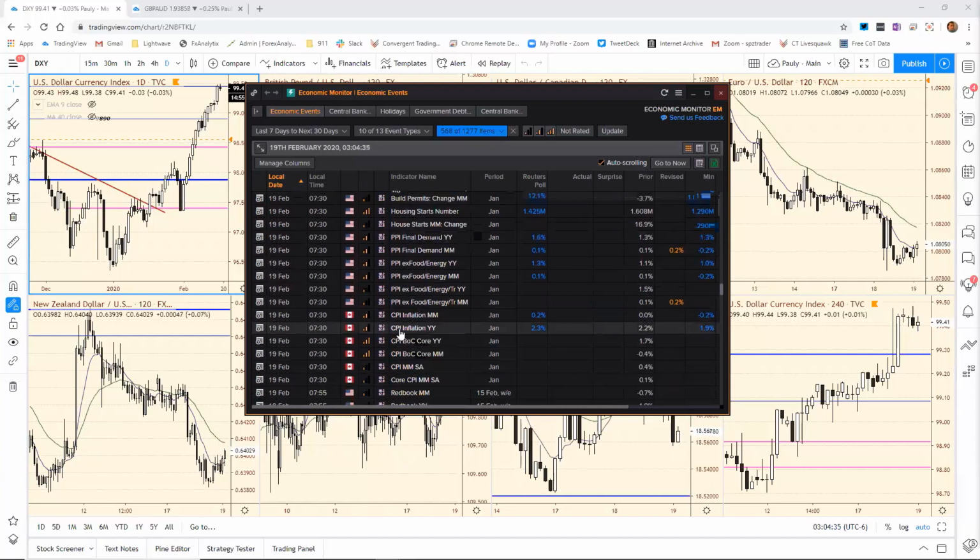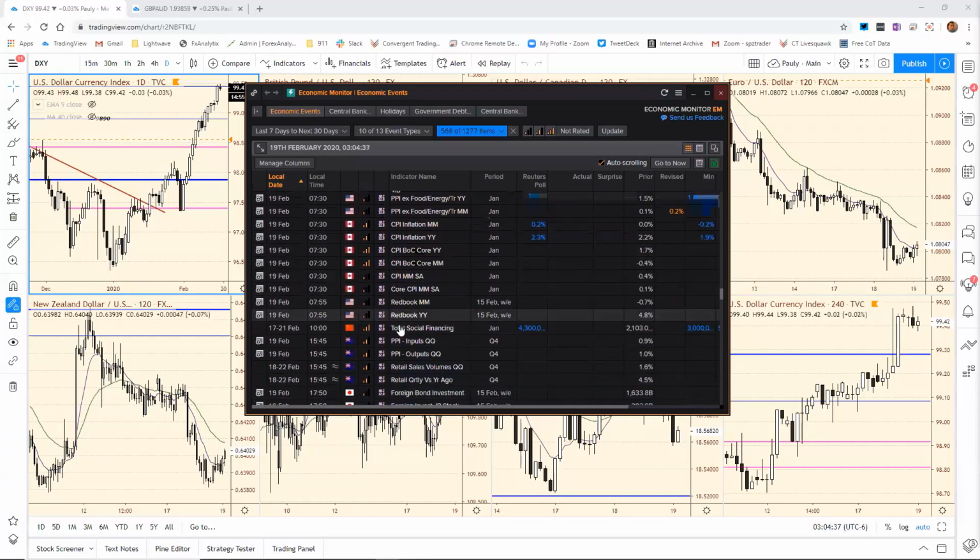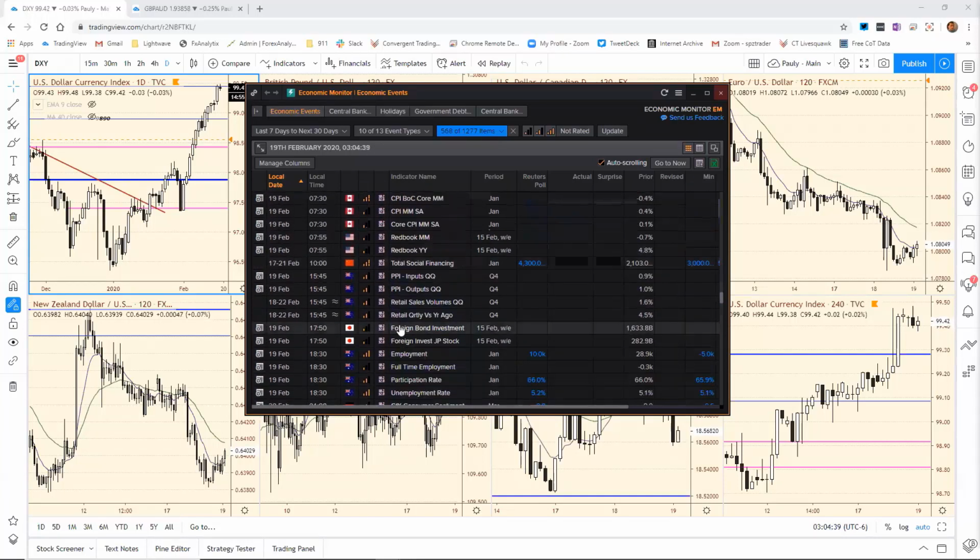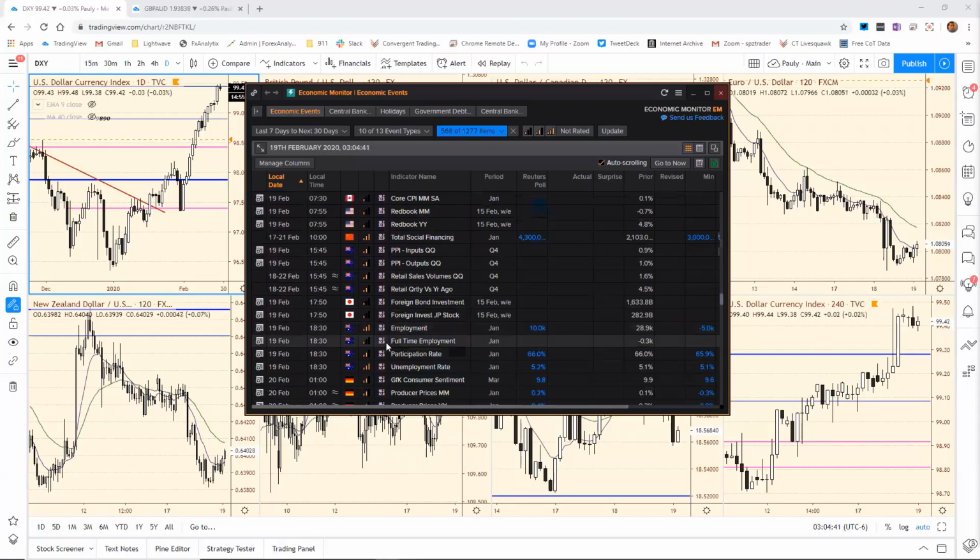And then we do have Canadian CPI. As we roll into the next evening, at least for us here in the States, we do have Australian employment data, and that's potentially a rather big mover in its impact for the Aussie.